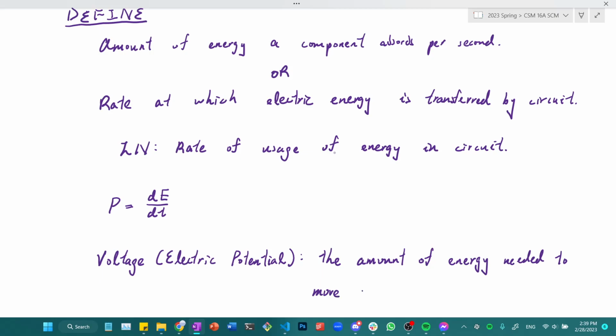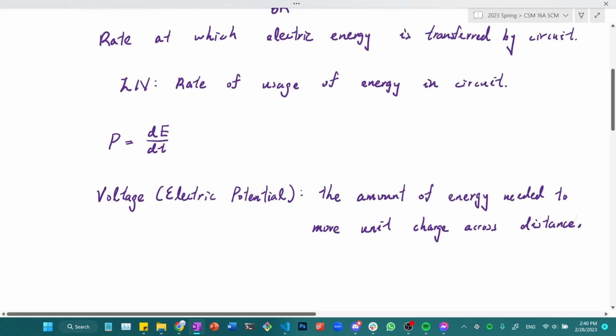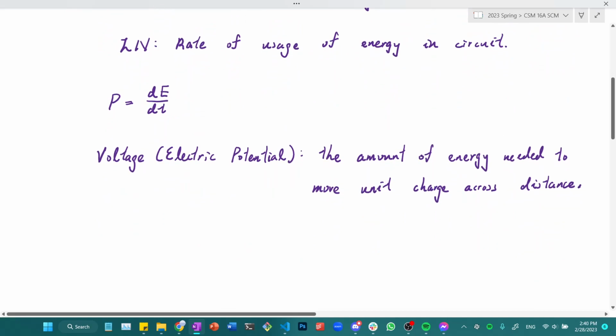Let me explain this definition. A unit charge is essentially just a charged particle that has 1 unit of charge, depending on your unit of charge, and frequently we use the Coulomb.